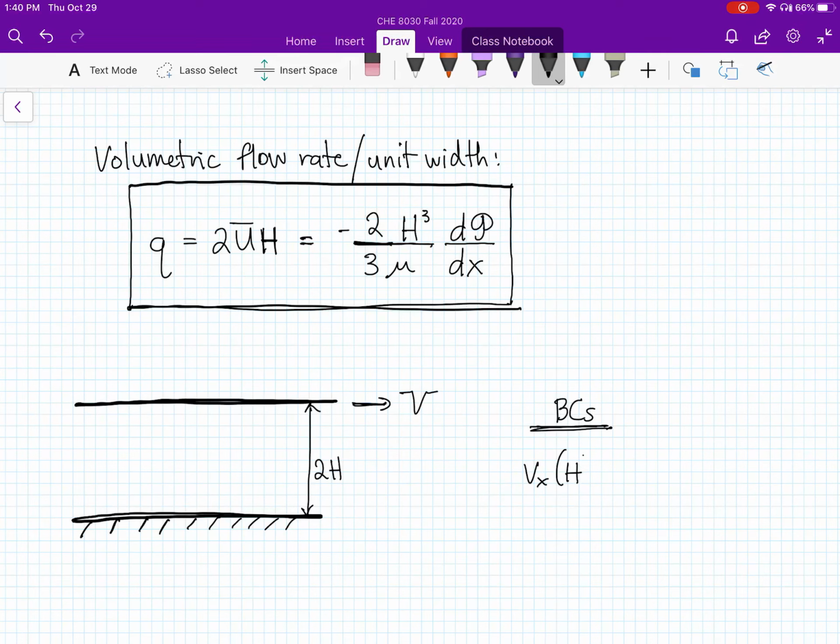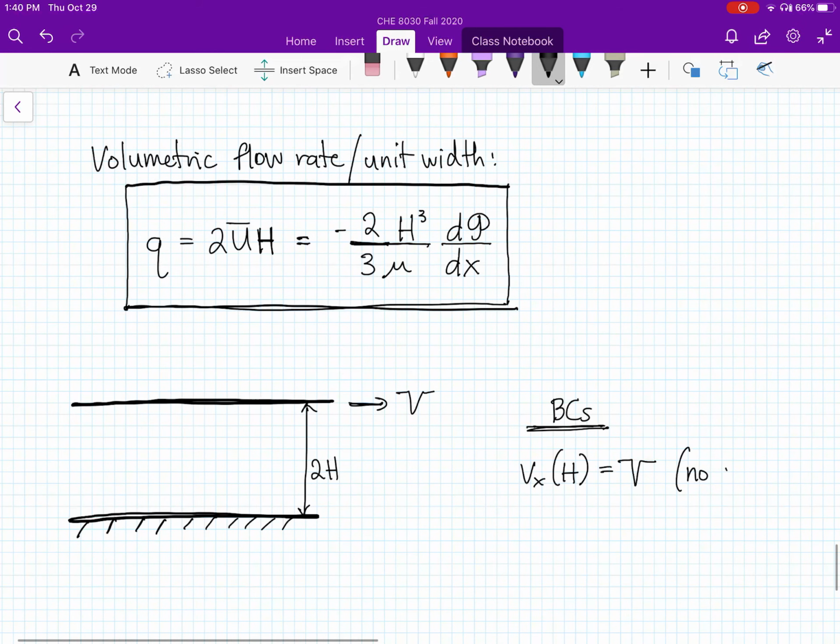So the x component of the velocity at h is equal to the velocity of that wall. That's, again, our no-slip boundary condition. And then the x component at negative h is equal to 0, which again is a no-slip boundary condition.